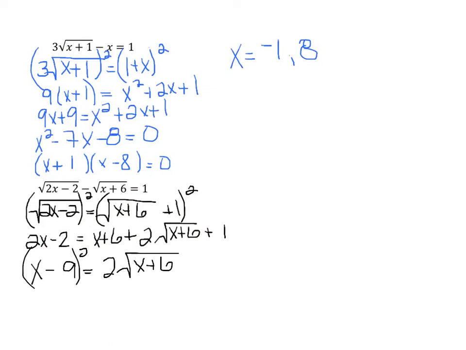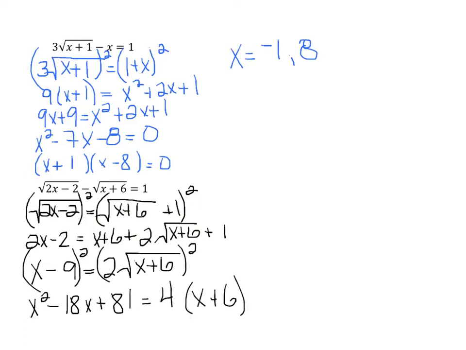Now I square again. This becomes x squared minus 18x plus 81 is equal to 4 times x plus 6. Now I'm going to do a couple of steps at the same time. I'm going to distribute and move everything over to the left-hand side so that I have a quadratic that's set equal to 0. So x squared stays the same. I have negative 18x minus 4x, which is negative 22x.